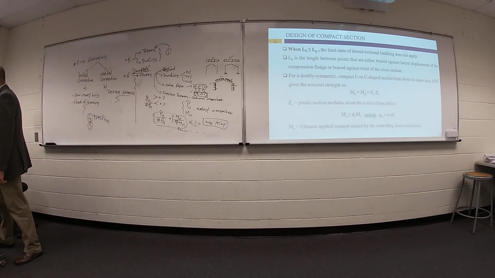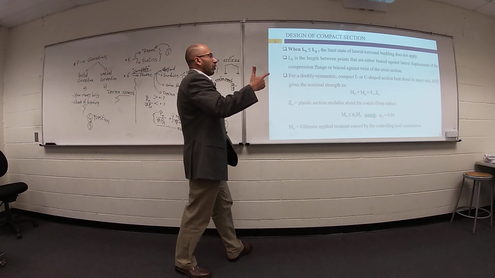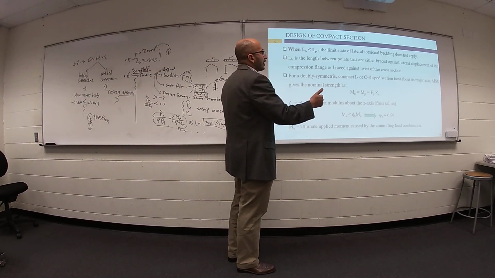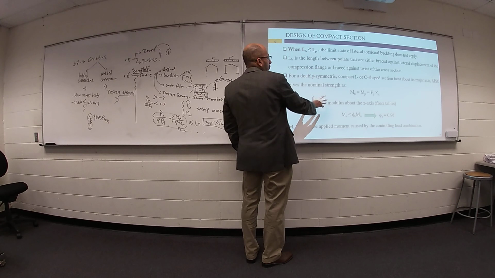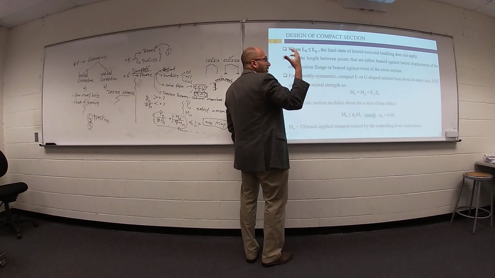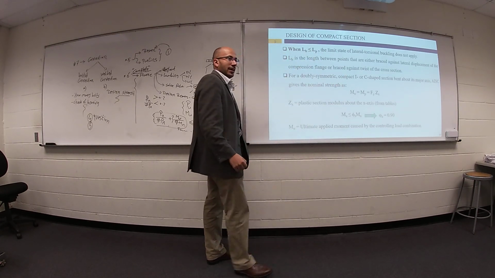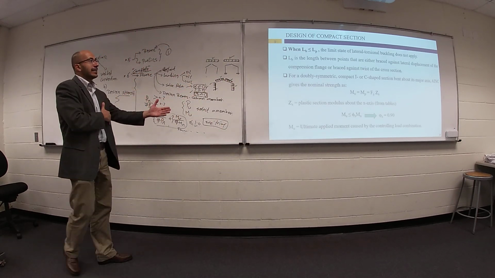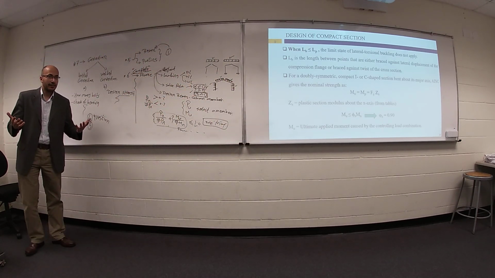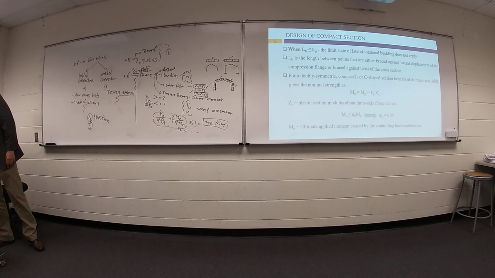This is another case, for the compression flange of your column, your beam, or anything. I need to be in this case, LB smaller than or equal to LP. So try to do something to make this relationship valid. Maybe put supports, put side girts, put purlins, put anything with spacing that ensures this relationship.